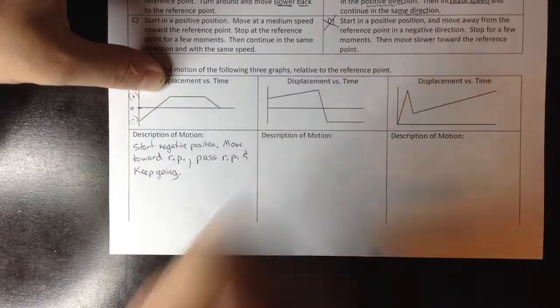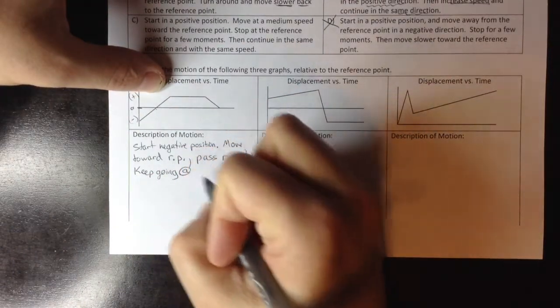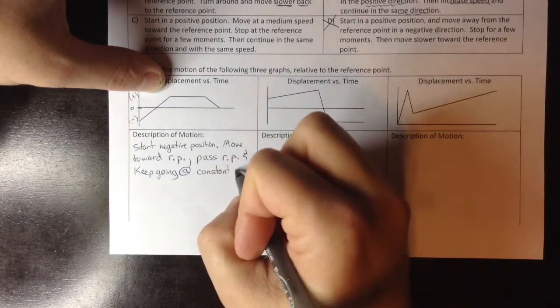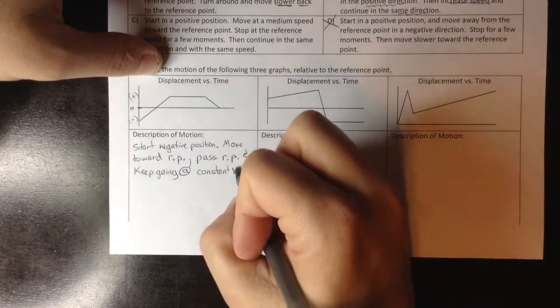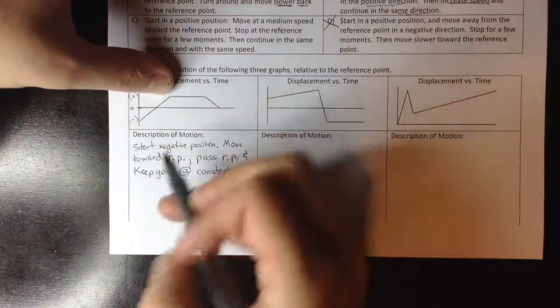Alright, so that's constant speed, I should say that. At a constant, well, this is a displacement graph, so I'll say velocity. Okay, at a constant velocity.